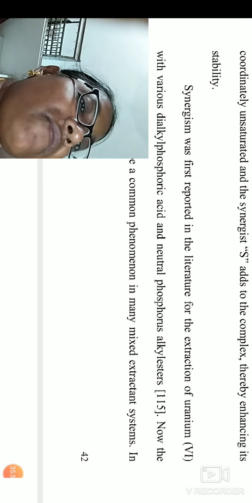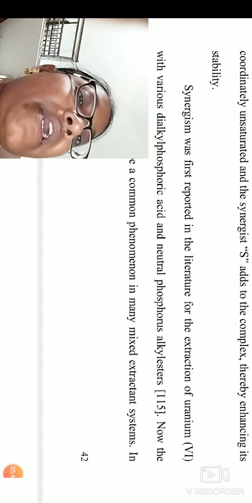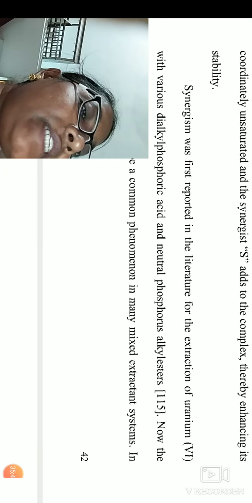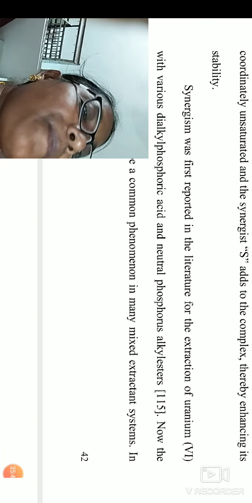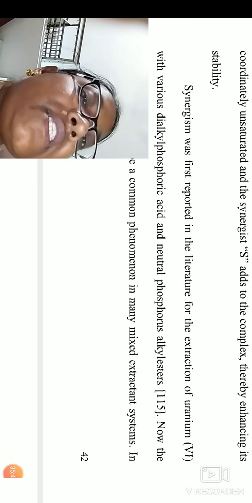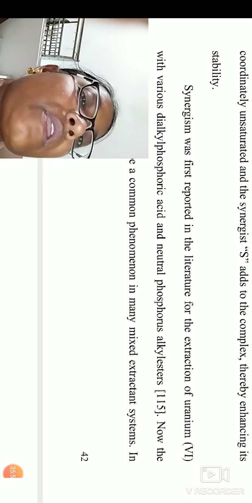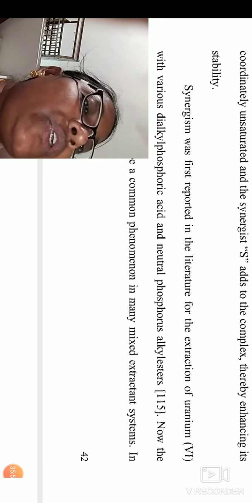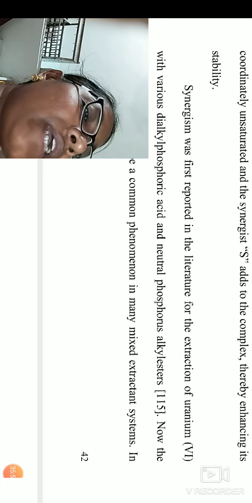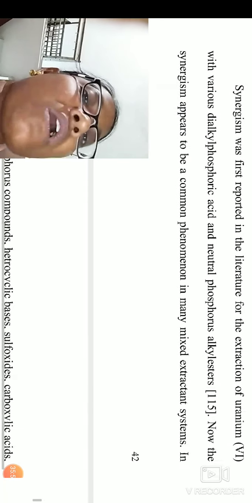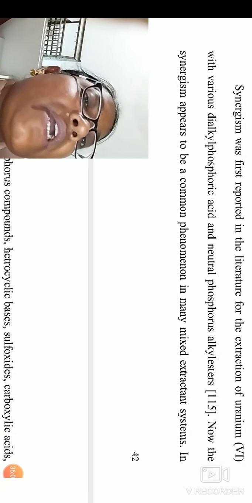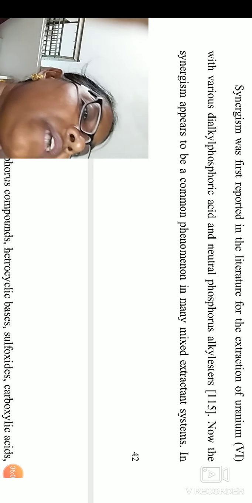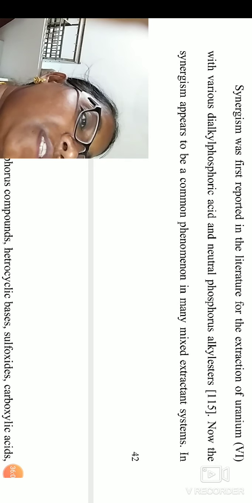Synergism was first reported in the literature for the extraction of uranium with various dialkyl phosphoric acids and neutral phosphorus alkyl esters. Now synergism appears to be a common phenomenon in many mixed extractant systems.